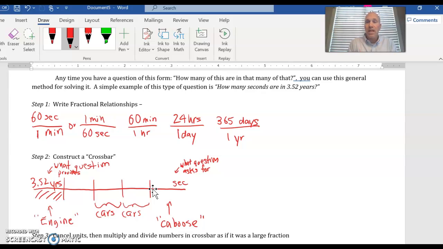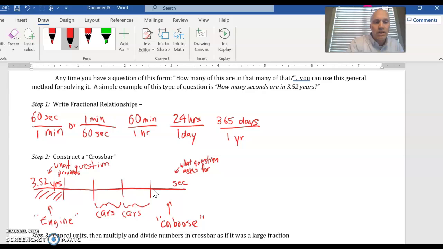Because we can't go directly from years to seconds, there are several relationships in between. We are going to use these relationships right here, and we're going to insert them in these spaces. And here's the rule that you need to follow.